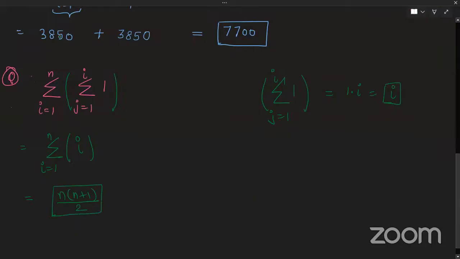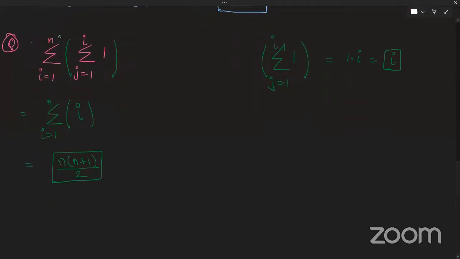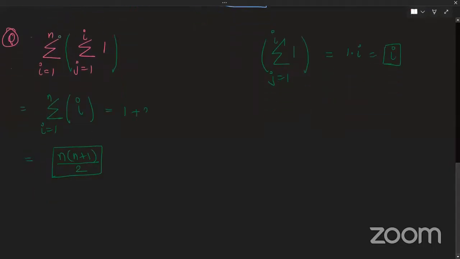It is 1 plus 2 plus 3, and so on till n, the sum of first n natural numbers. So why will it be n into n plus 2? It will be n into n plus 1 by 2 only, the sum of first n natural numbers.